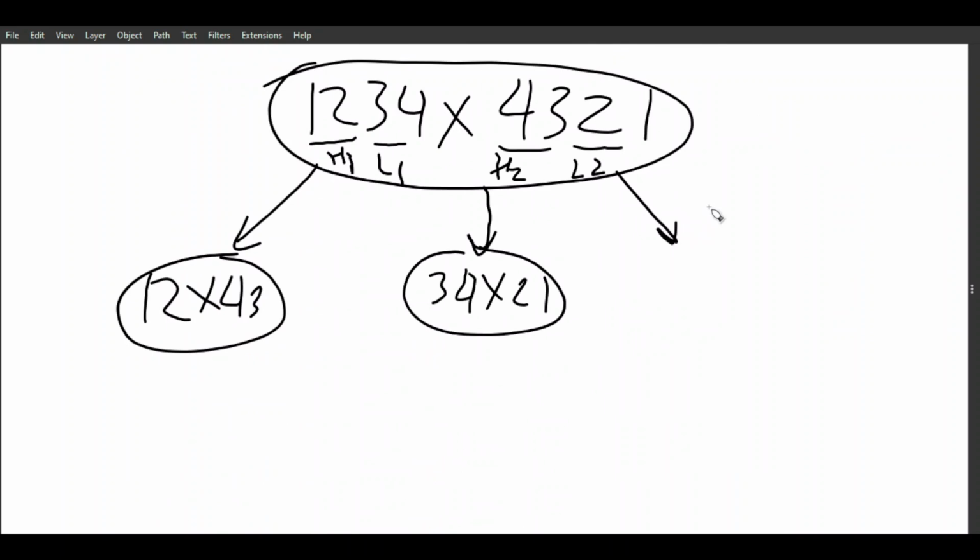For 1234, the high and low parts are 12 and 34. Add them, we get 46. So h1 plus l1 is 46, multiplied by, for the second number, 43 plus 21, which is 64.